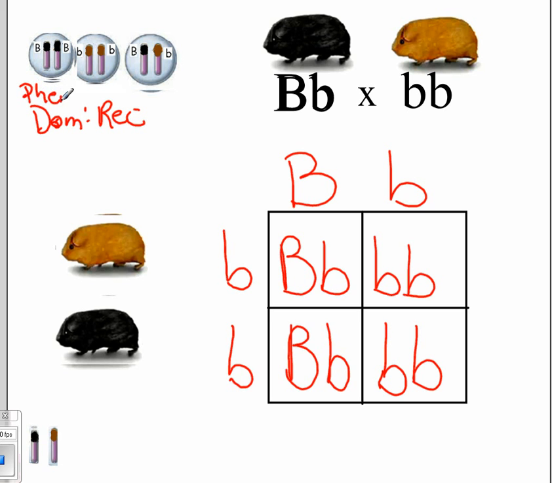For phenotypic ratio, go ahead and write out the word phenotypic ratio. For a phenotypic ratio, you normally do dominant to recessive.